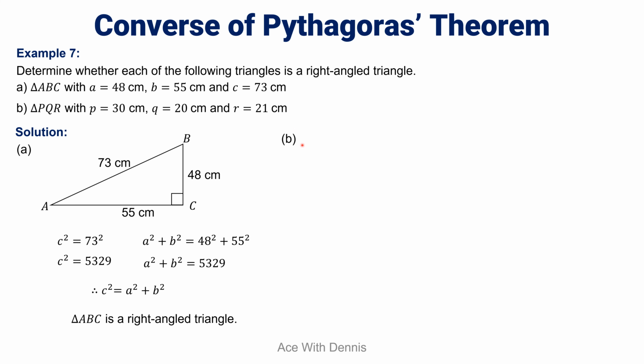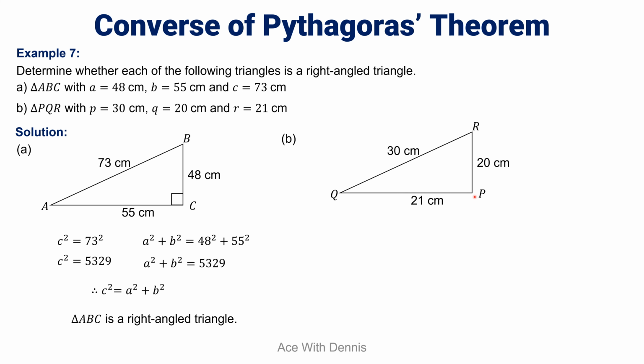We'll do a similar thing for B here. Triangle PQR. First we sketch out the diagram. All the vertices are labeled with capital letters P, Q, and R. And the longest side will be the small letter p here, which is 30 centimeters. So this length will be 30 centimeters.